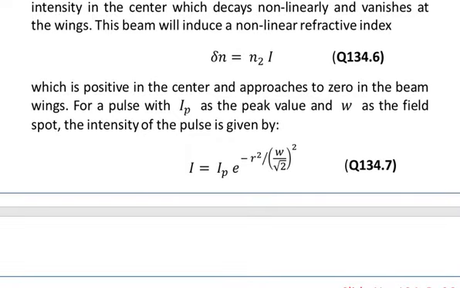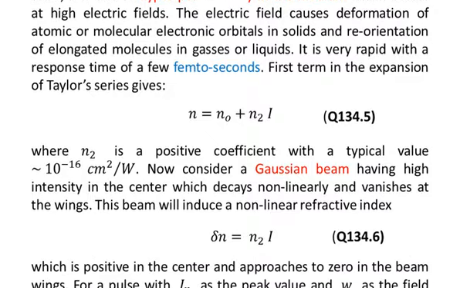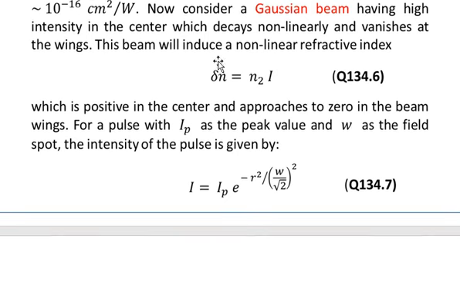So the second term in the expansion by the Taylor series, n2 times I, can be regarded as a delta n. That is, the change in the refractive index is equal to n2 times I.